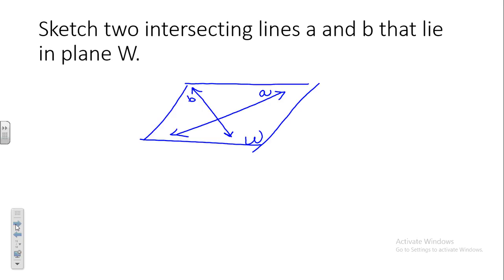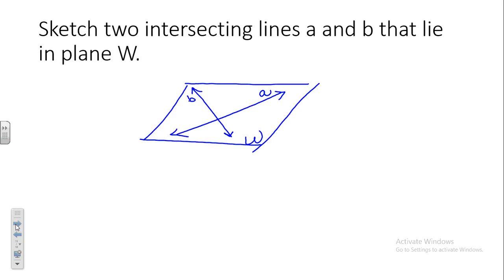Good question. So could we have put a dotted line on here? If we had put a dotted line, that would mean that we have one that's intersecting. Let's say that A was dotted coming through. Okay, A would be intersecting B on plane W at a certain point, right? But you have to kind of read into what they're saying.